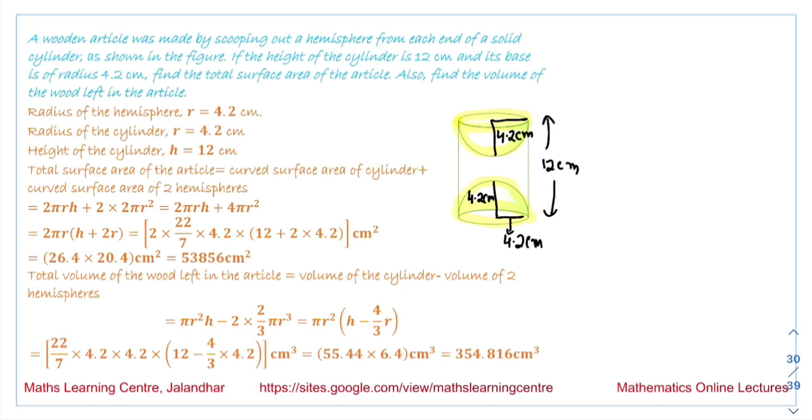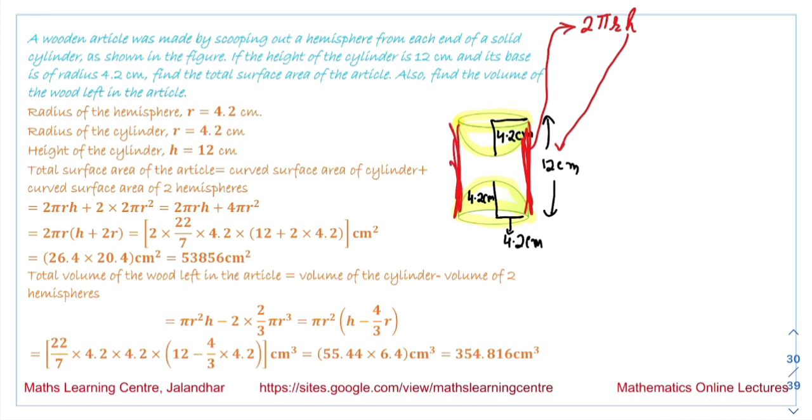Now the first thing we are going to calculate is the total surface area. The lateral area of this cylinder, the formula for lateral area is 2 pi r h, and the value of h is 12 centimeter over here. This is the outer portion, the area of this outer portion.